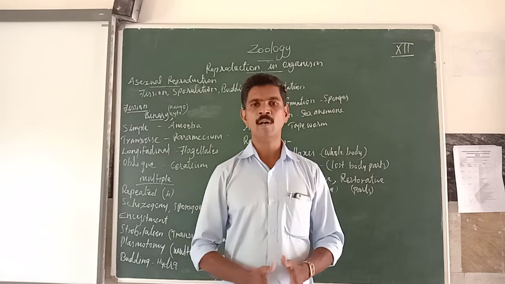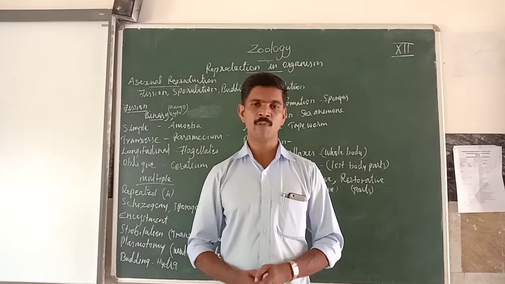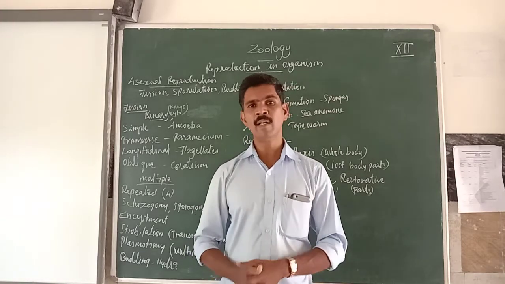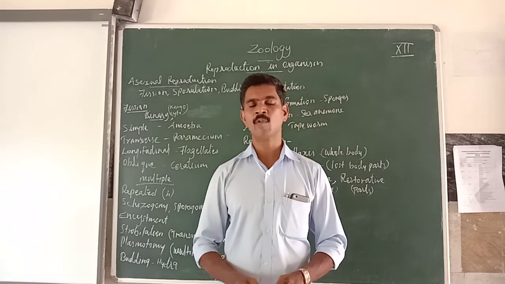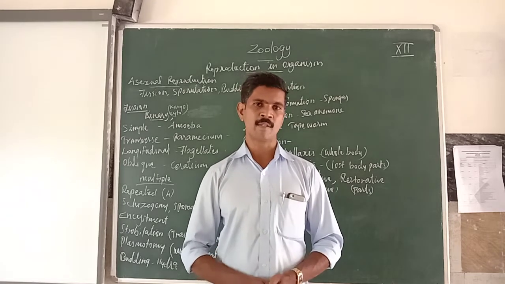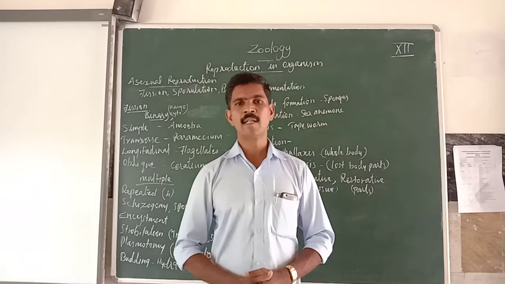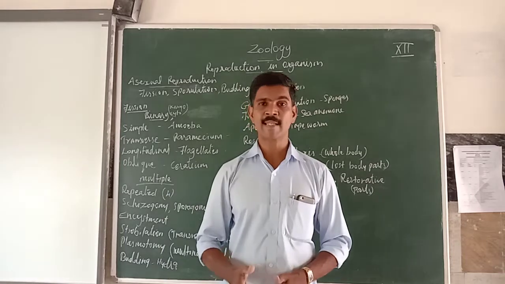All living organisms produce their young ones either by sexual reproduction or by asexual reproduction. Every living organism follows one of these two. Understand? In this class today we are going to study some important types of asexual reproduction.